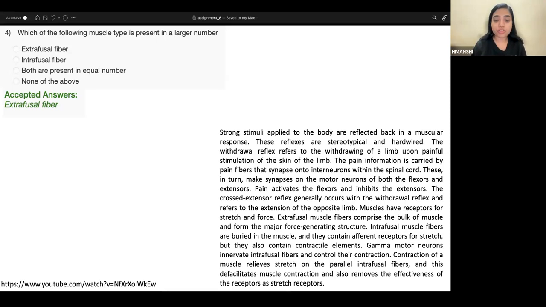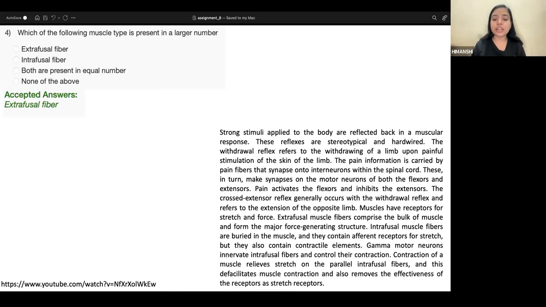Muscles have receptors for stretch and force. Extrafusal muscle fibers comprise the bulk of muscle and form the major force generating structure. Intrafusal muscle fibers are buried in the muscle and they contain afferent receptors for stretch, but they also contain contractile elements.